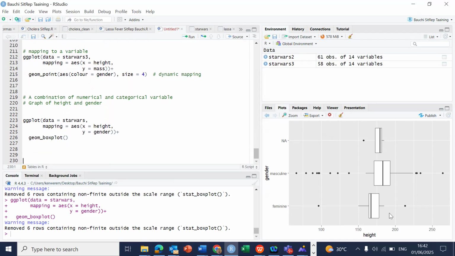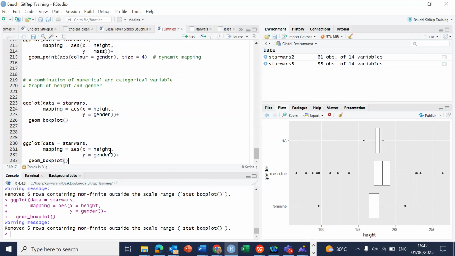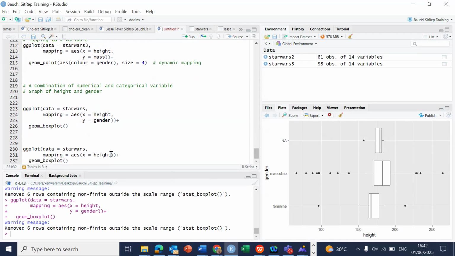Okay. Another way you can do this is to use fill. So I'm just going to copy this, and I will remove our y equals gender. And rather, inside our geom_boxplot, I'll put my aes, and I'll say fill equals gender.